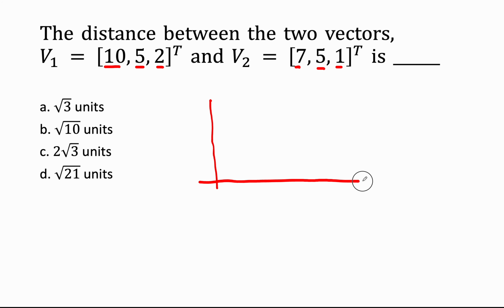So we'll see the concept of distance for the two-dimensional case. Let's say this is the x and this is the y axis, and let's say this point is 1 and the coordinates are x1 and y1.